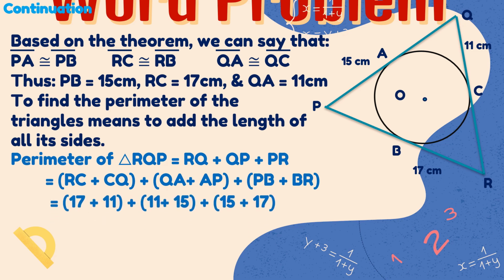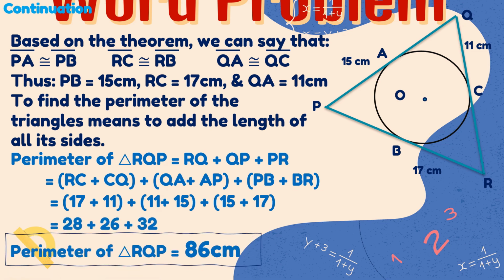Substitute, we have 17 plus 11 plus 11 plus 15 plus 15 plus 17. We have 28 plus 26 plus 32. Therefore, the perimeter of triangle PQR is equal to 86 cm.